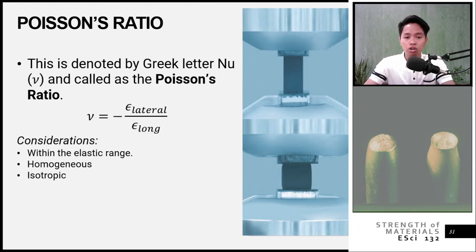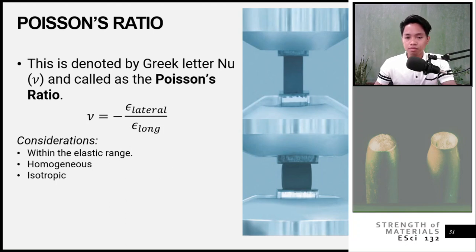Wood is stronger against the grain, but along the grain the wood is weaker. So wood cannot be used since it is not isotropic. Only isotropic materials, with the same properties throughout the member, can be used with Poisson's ratio.